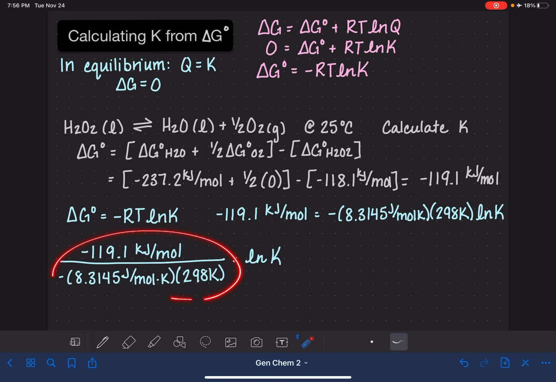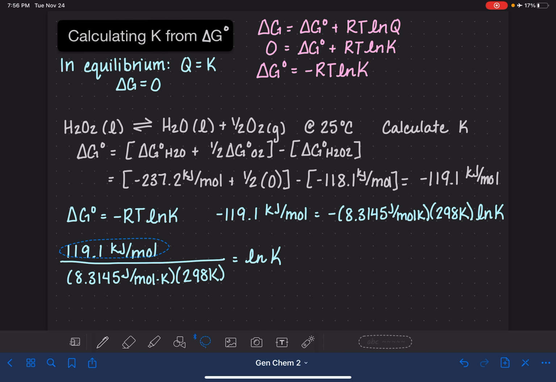So we can clean this side up a little bit. Notice that we have a negative sign on both the top and the bottom, so I'm just going to erase them because they cancel each other out. In terms of units on this side, we have some units that are compatible and that are canceling, our mole unit and also our Kelvin unit, but notice that our energy unit in kilojoules and joules is not going to cancel itself out.